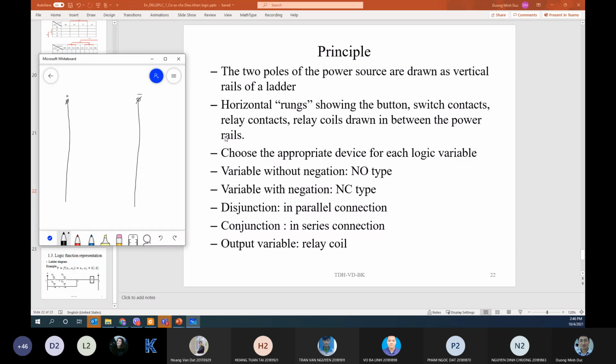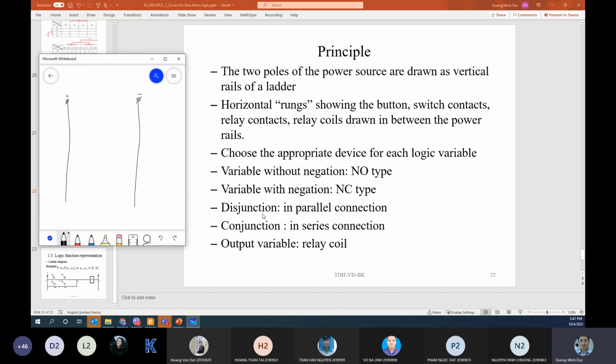And we have some rungs showing the button, the switch contact, the relay contact, or the relay coil drawn between the two power rails. We choose the appropriate device for each logic variable. A variable without negation, we draw as the normally open type. And a variable with negation, we draw as the normally closed type.